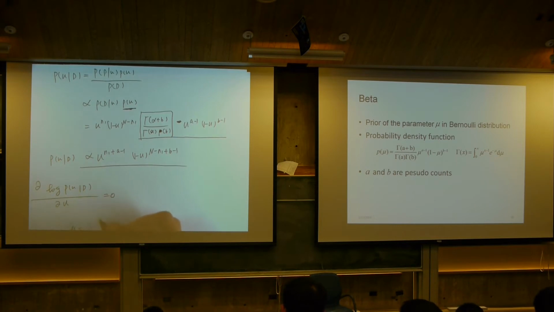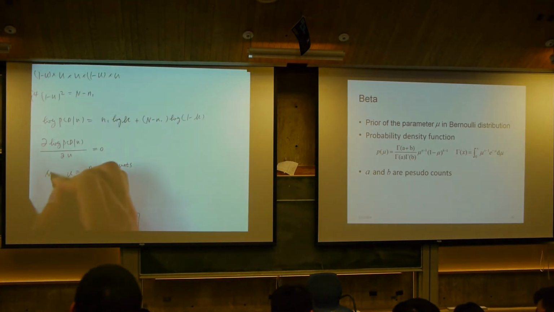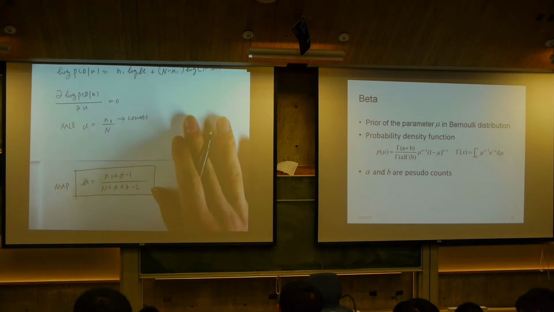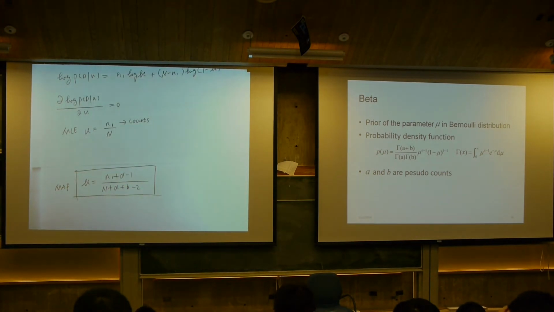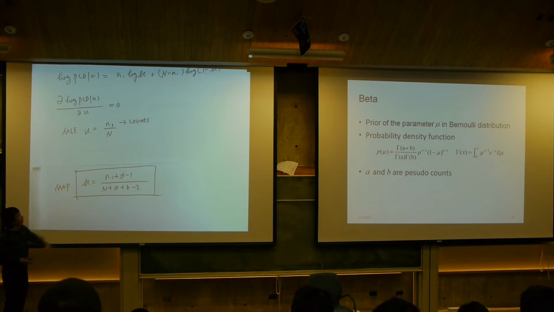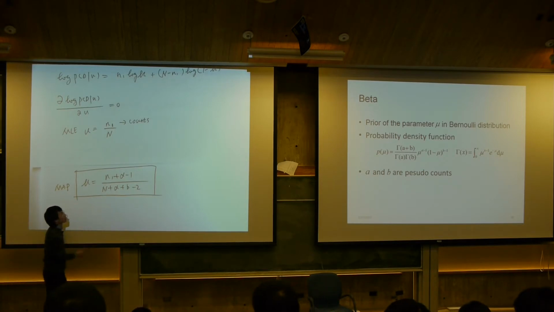We will get this, so this is under the MAP estimation, the estimation of mu. Compared with the estimation of mu in MLE, we can say that on the numerator and denominator, we add some values.